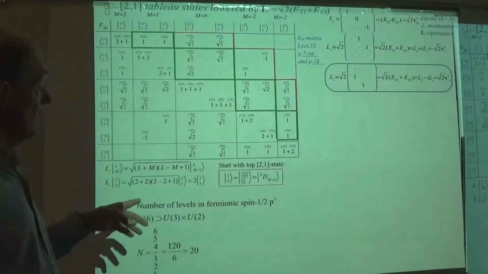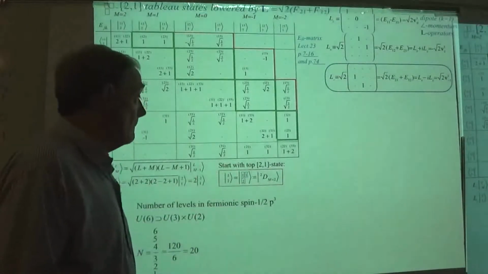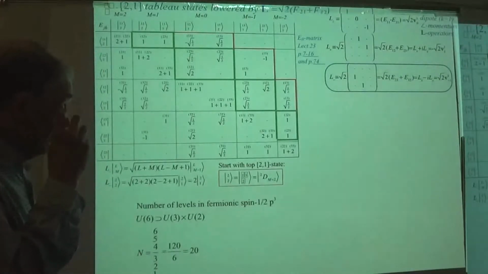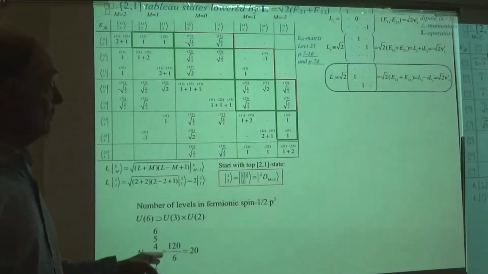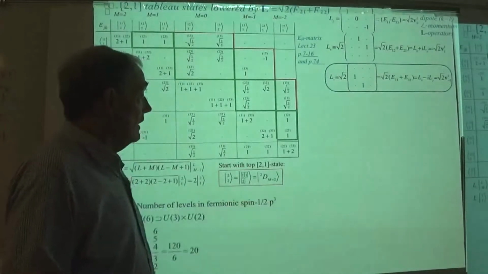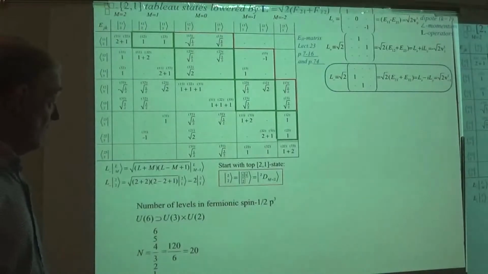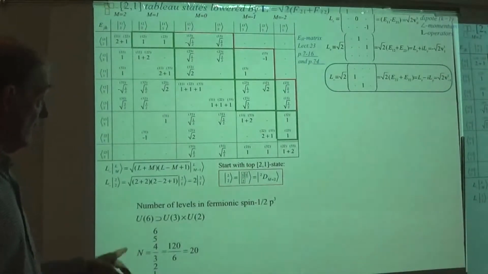I'm talking about how many levels there are counting the spin and the orbit. That means counting the 6 dimensions associated with a spin one-half on each one of the 3 levels of P. So that's a unitary 6 that we talked briefly about last time. We're going to talk a lot more about its way of doing things today.